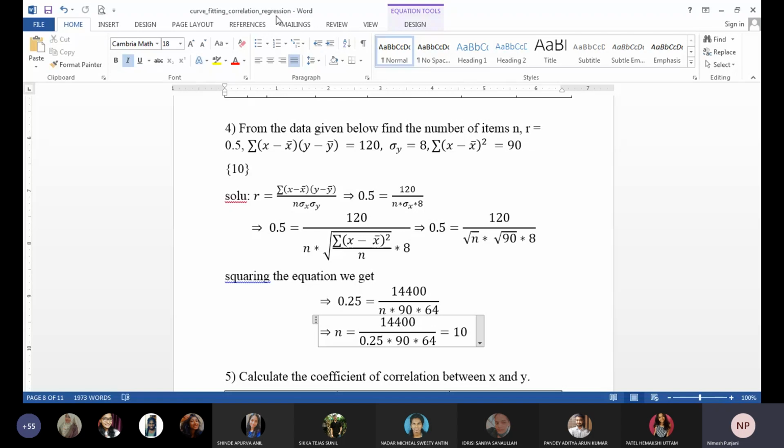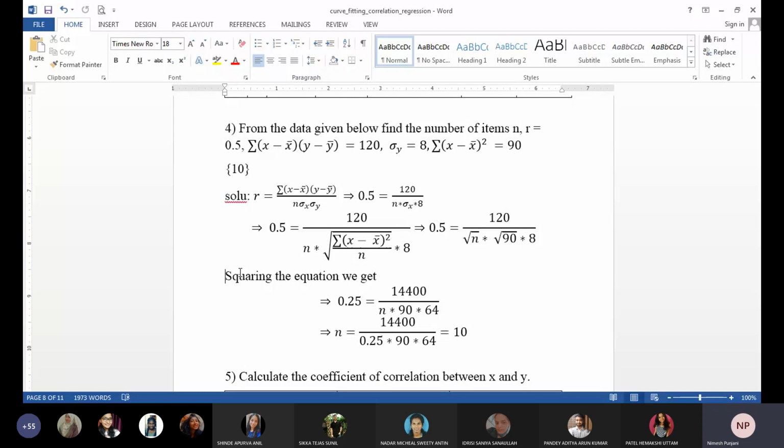So we got square root of 90. Again, 90 is not a perfect square, and as I had told you in the beginning, as far as possible you avoid doing your calculations in decimals. To avoid that, what is the simplest technique here? Square it. So we square the whole equation. 0.5 squared will give us 0.25. 120 squared will give us 14400.